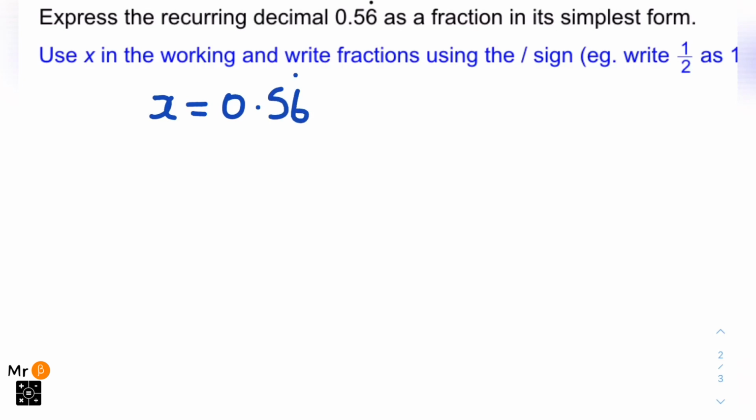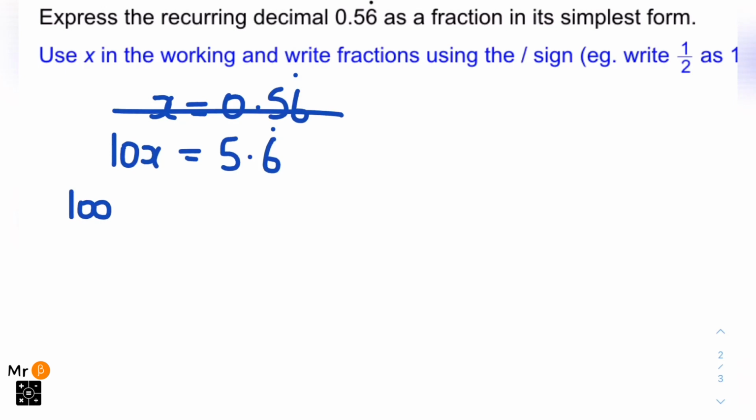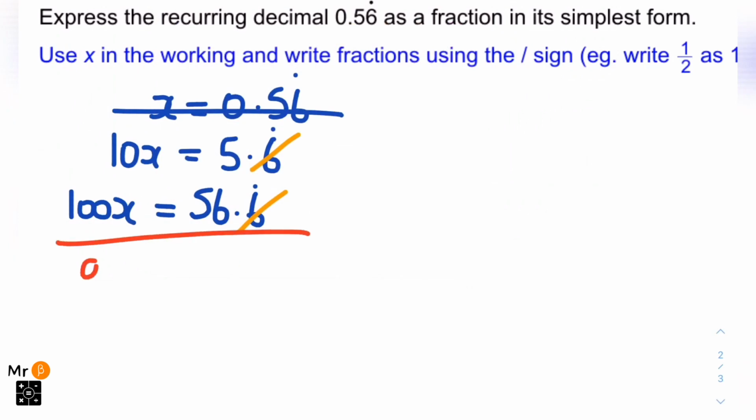So question 5. Again, we're going to start with x equals 0.56 recurring. Our recurring part isn't lined up to our decimal, so to begin with, we're going to times by 10, and this is our starting position. Now if we multiply by 10 again, you'd have 100x, and that is equal to 56.6 recurring. Our decimals line up, so therefore our recurring parts would cancel out, and we subtract, so we have 90x is equal to 51. 56 take away 5 is 51.